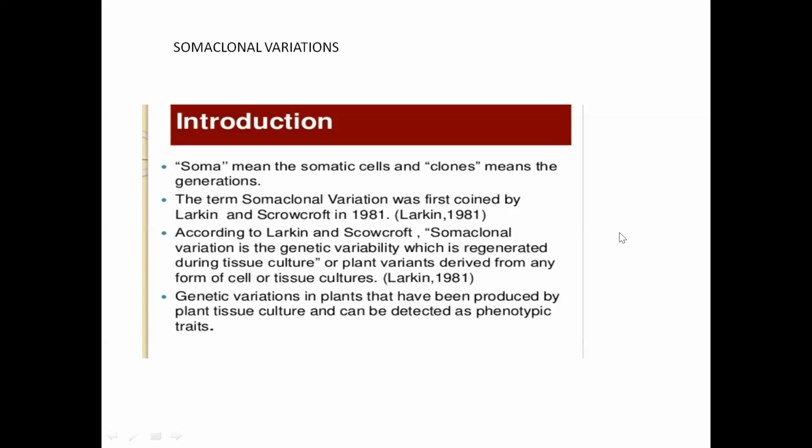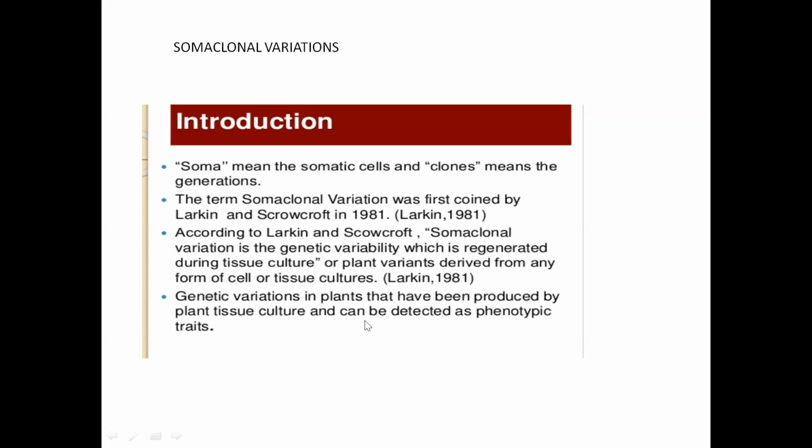So, such heritable characters which can be passed on, developed chiefly by tissue culture or by micropropagation, is called somaclonal variation. Very simply, somaclonal variation is the genetic variability which is regenerated during tissue culture, or any kind of plant variants derived from any part of the plant.